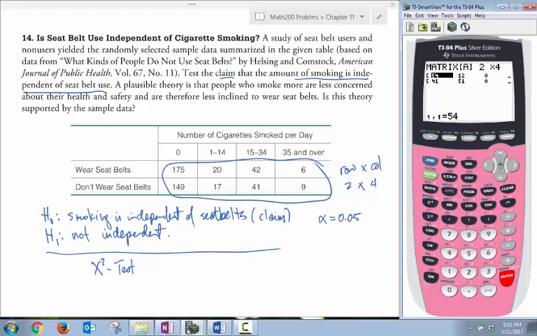Alright, so we're going to put 175 in for the first one, so I just type 175 and press enter. Then this will move me to my next one, which is 20, enter, 42, enter, 6, enter. That takes care of my first row.